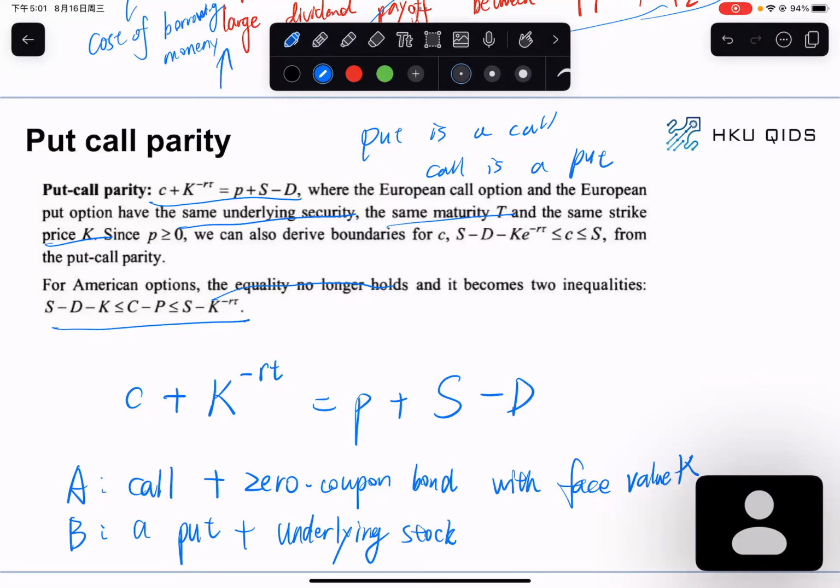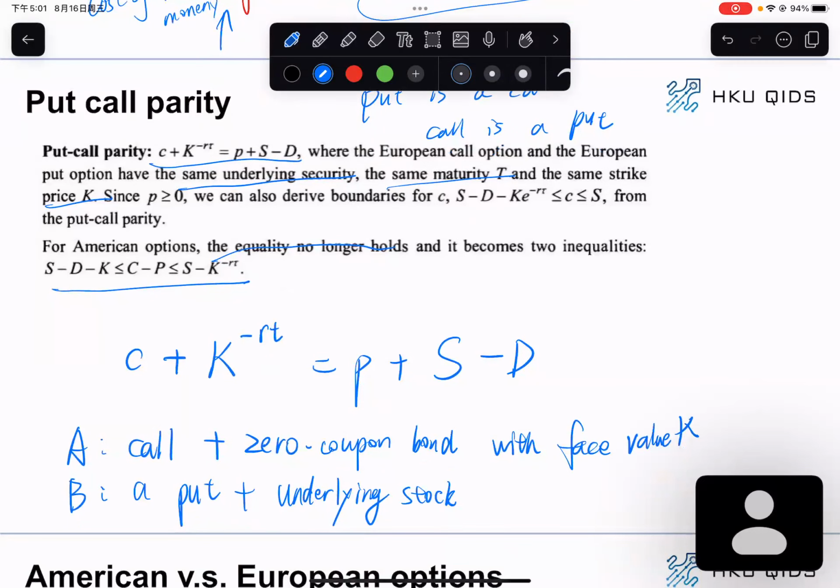And if you calculate the expected payoff of portfolio A and portfolio B, both the left-hand side and the right-hand side is going to be equal to max(S_T, K) at maturity time T, okay?